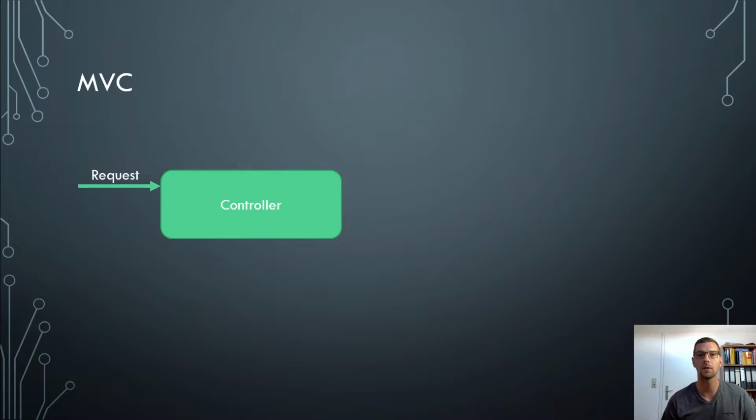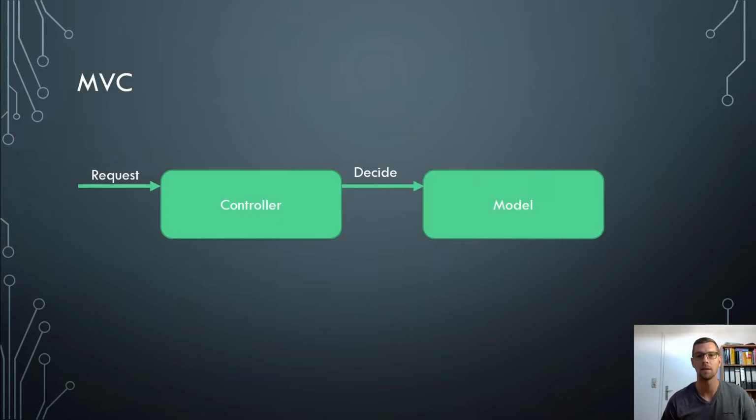Then the controller decides the model. So it basically generates or knows what model to use. And that, for example, depends on if you are logged in to the website or if you're not logged in. So that will get you different models, different basis of the response in the end.